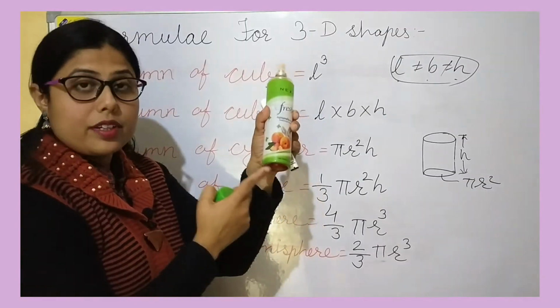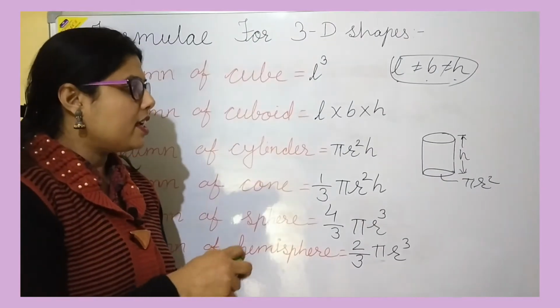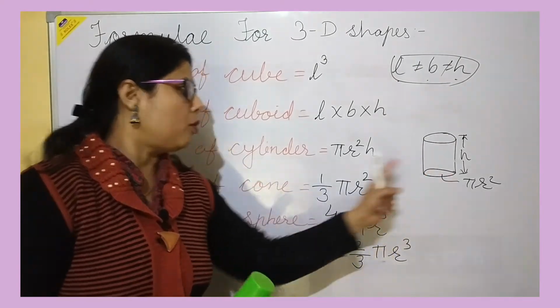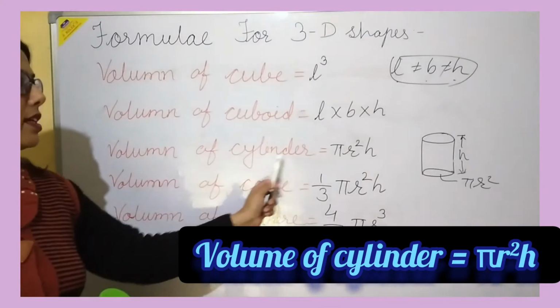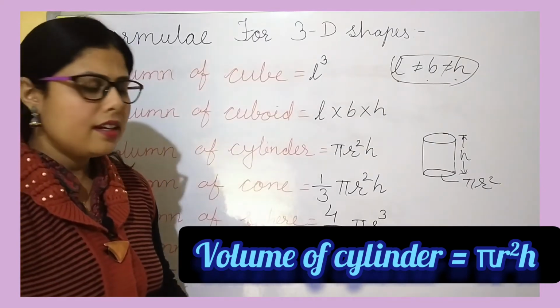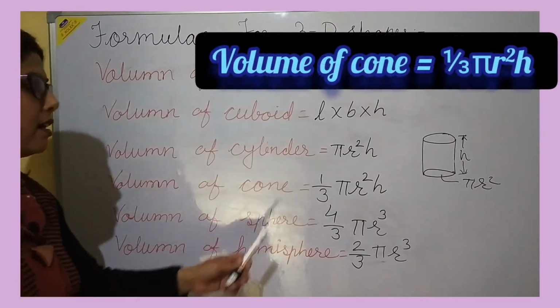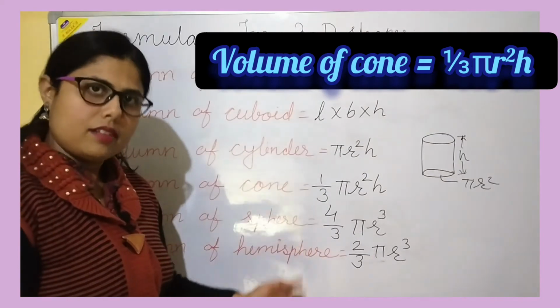We only count the base and the height. So the base is pi r square and then the height, and the combination is pi r square h, and that is the volume of cylinder. Easy. And the same formula you write for cone also, but you have to add 1/3 here. Again easy.